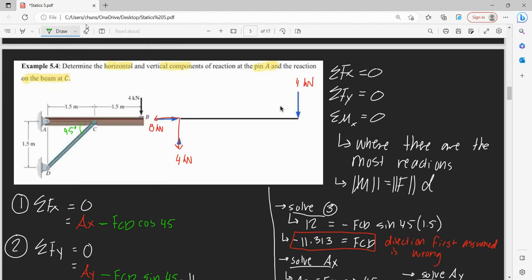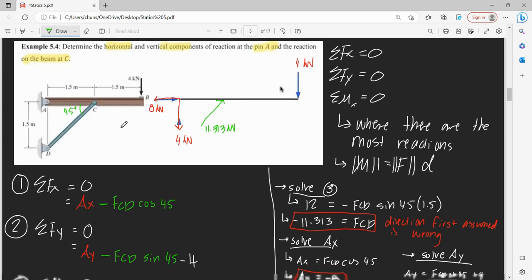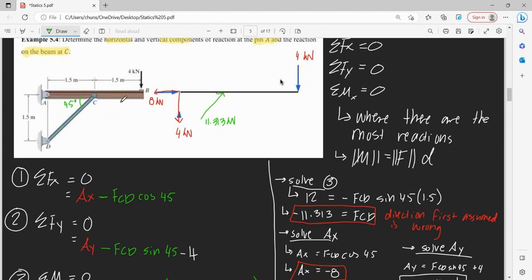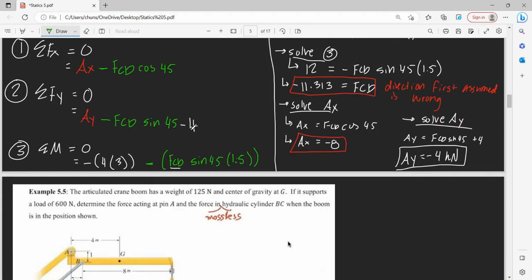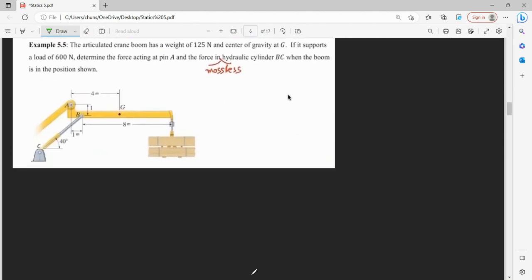And we know that our FCD now acts towards the beam with 11.313 kilonewtons. You could still maintain the other directions and then just write the negative value, whatever you find easiest to keep track of, right? But if we were just to write it with our magnitudes and our correct directions, it would look like this. Okay, so moving on to our next example.